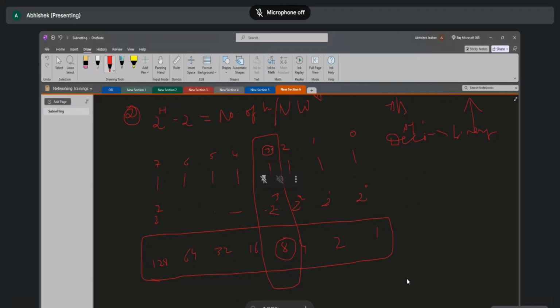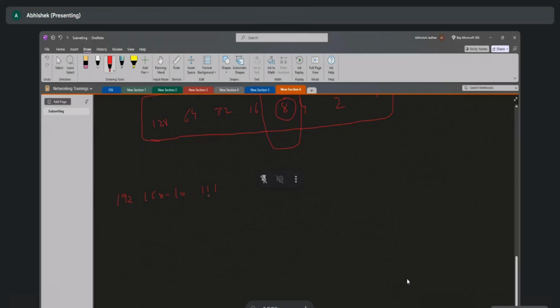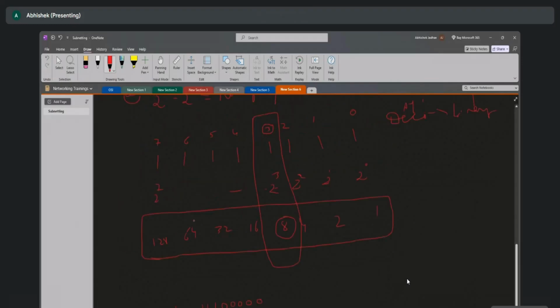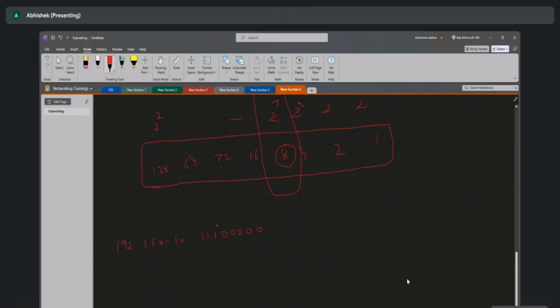Okay. So these 3 bits we have borrowed, right? So one, two, three. We have borrowed 3 bits here, and then the remaining bits we are leaving. We are just keeping them and will be using them for host addressing, right? So our number one job, according to the question, is that we need 8 subnets. So to create 8 subnets, we have to borrow 3 bits.